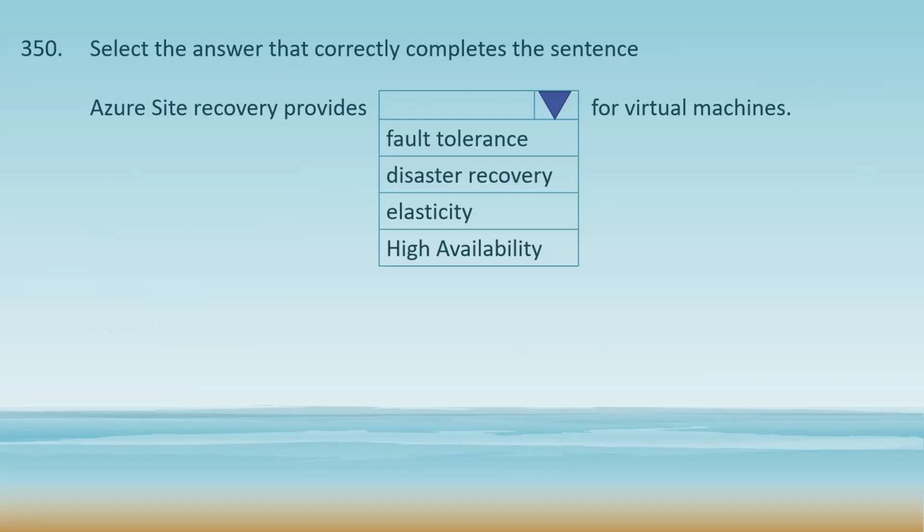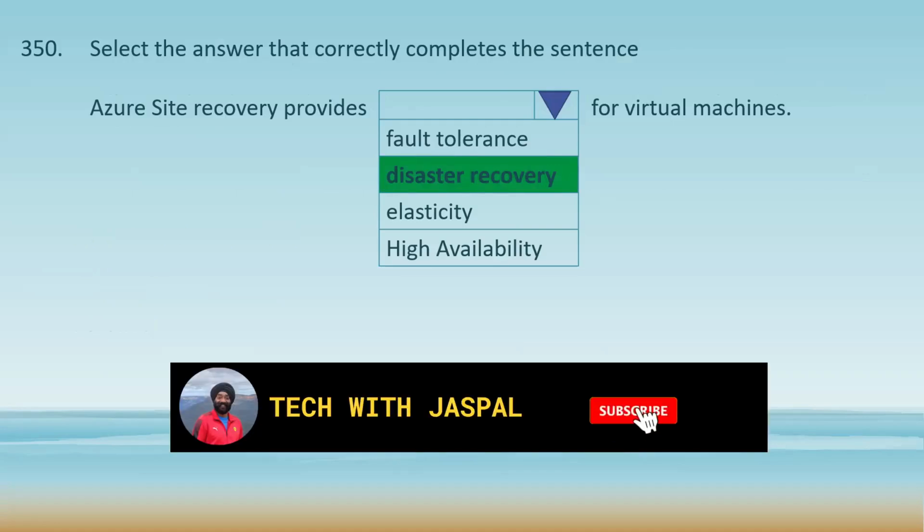Azure Site Recovery provides which of the following for virtual machines? And your options are fault tolerance, disaster recovery, elasticity, and high availability. And friends, the correct answer here would be disaster recovery. Site Recovery is a native disaster recovery as a service, DRaaS. It helps businesses keep doing business even during major IT outages.